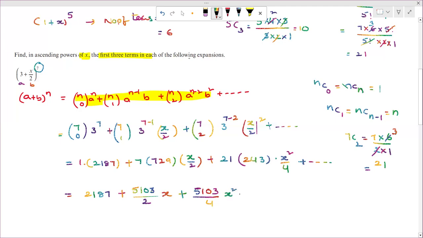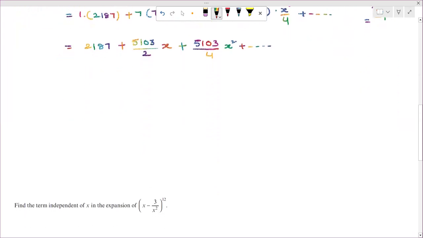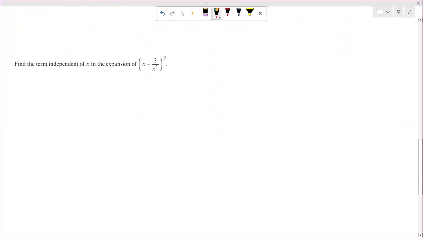This is how we have to expand the given binomial expansion. Now next question.